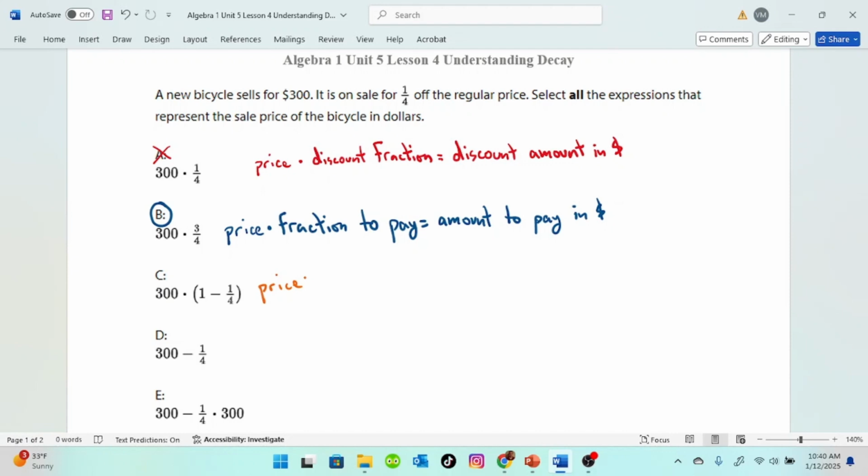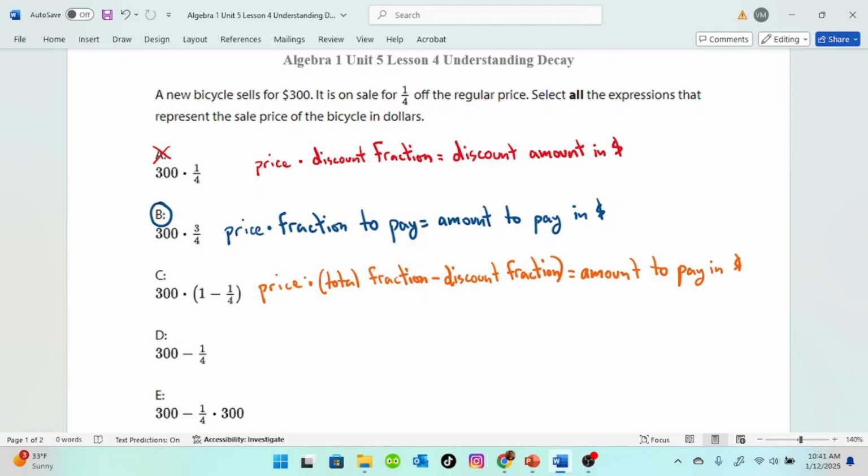Well, 1 minus 1/4 is 3/4, and all that does is turn it back into B. So that's price times total fraction, which is the 1, minus the discount fraction, and when you do that, it's going to give you the fraction to pay, which means this is going to give you the amount to pay in dollars.